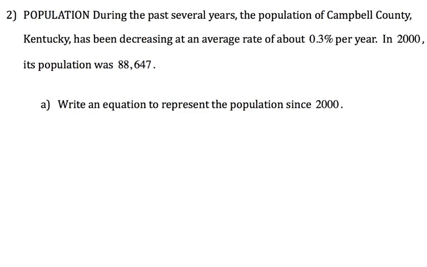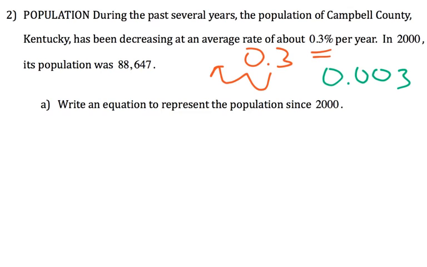During the past several years, the population of Campbell County, Kentucky, has been decreasing at an average rate of about 0.3% per year. Ugly. Because it's ugly, maybe I take my calculator and divide that number by 100, or I actually show my work more thoroughly, so that when I convert this, I have 2 zeros before the decimal.